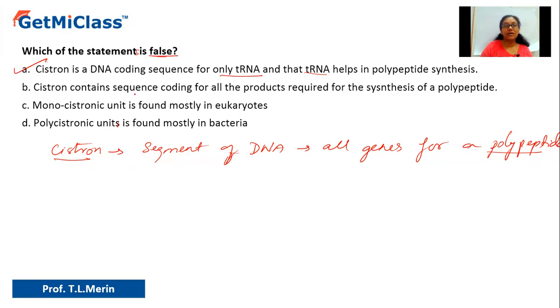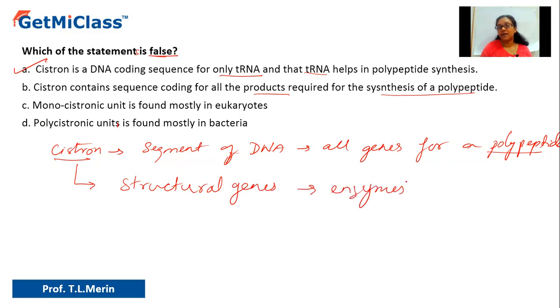Option B says cistron contains sequence coding for all the products required for the synthesis of polypeptide. This is absolutely right. That's what I said. And what do they contain actually? Cistron contains mainly two types of genes. Structural genes, which code for the enzymes or the proteins necessary for the synthesis of this polypeptide chain.